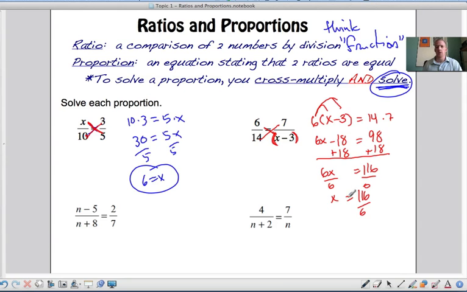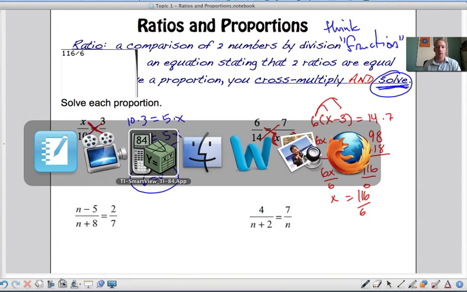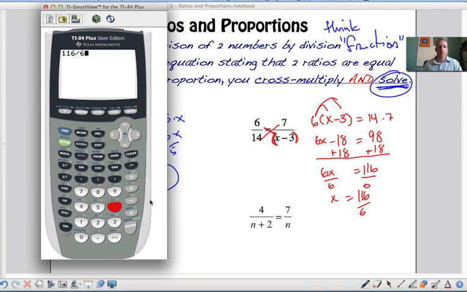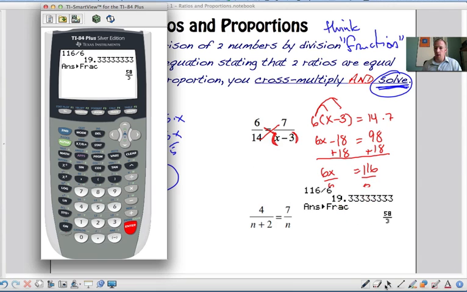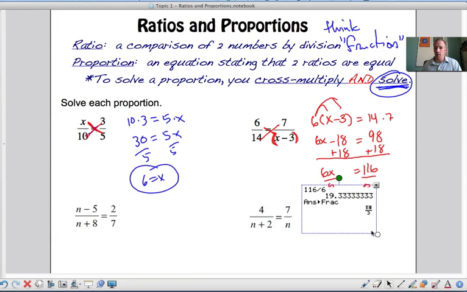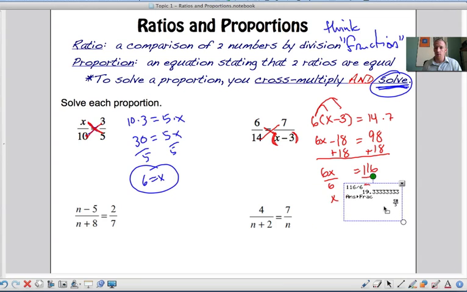I'm going to see if it's an even decimal, if it goes in evenly, or if it works out to be a fraction. So 116 divided by 6 is 19.3 repeating, and if I want that to be a fraction, I just hit math, that first option, so enter, enter. So it's either 19.3 repeating or 19 and 1/3.